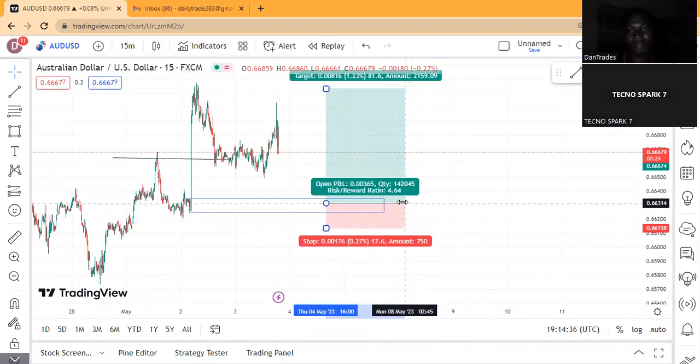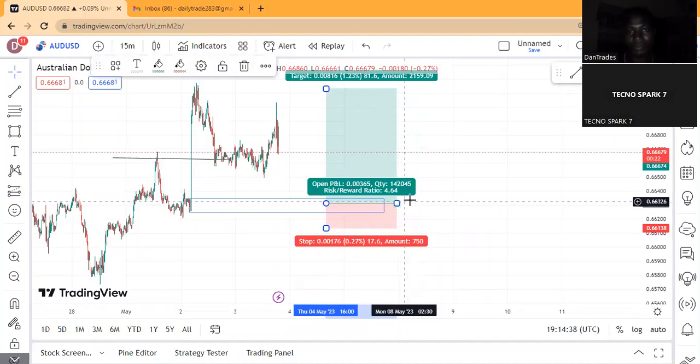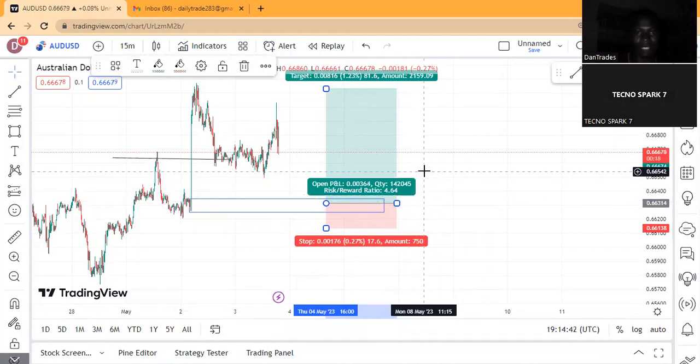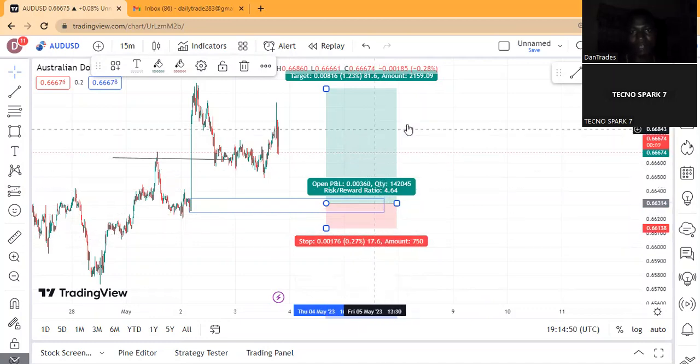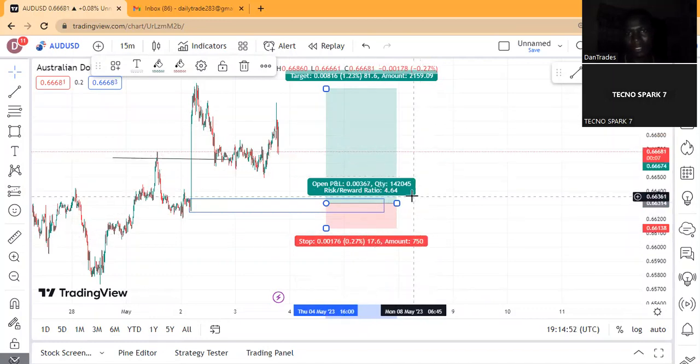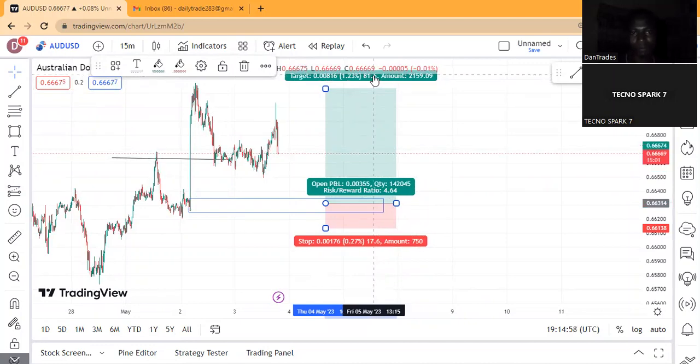Then you can see the kind of risk reward ratio, that is 1 to 4, of course, and this is pretty much fine. And imagine this was 17.6 pips. You can see that is a very good setup.